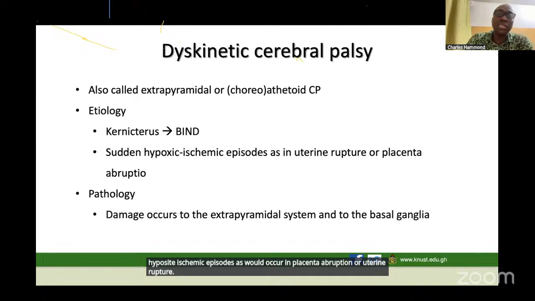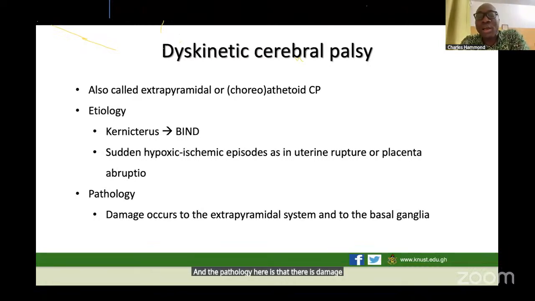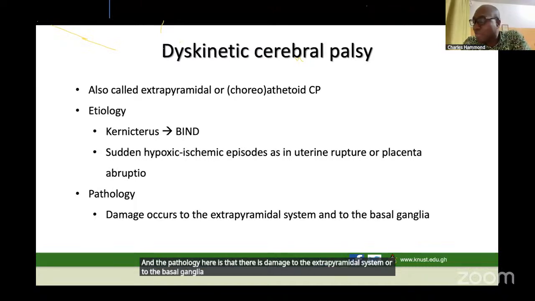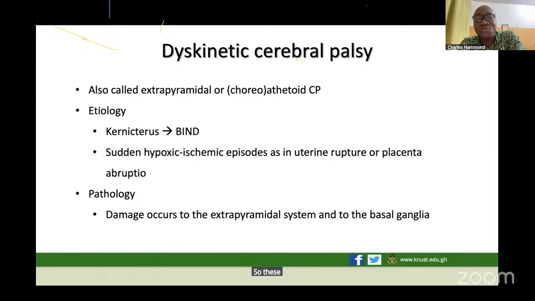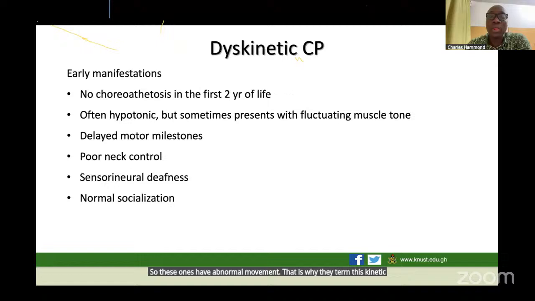The pathology here is damage to the extrapyramidal system, or the basal ganglia. Because the basal ganglia controls movements, these ones have abnormal movement. That is why the term dyskinetic cerebral palsy.